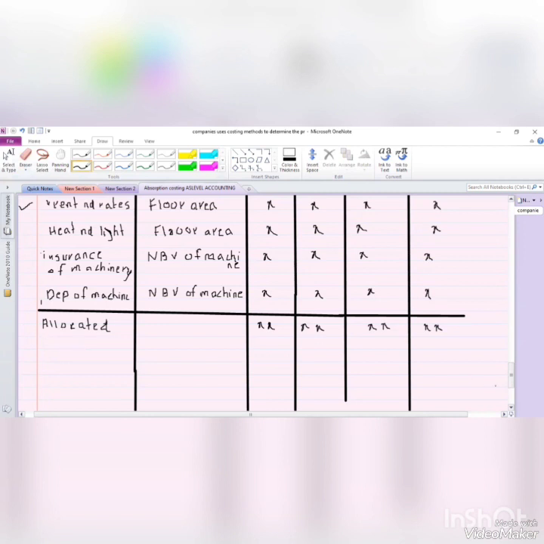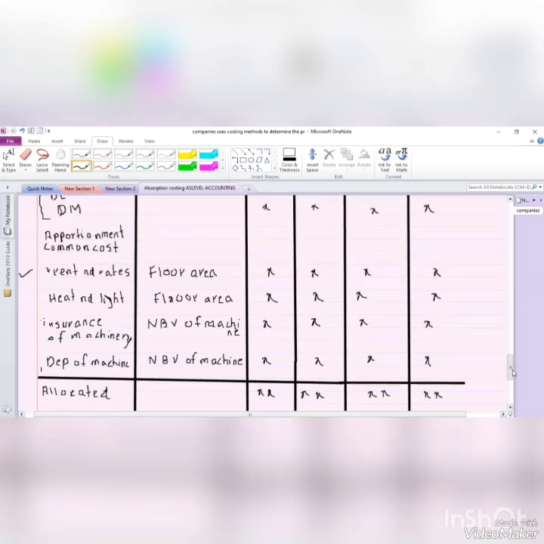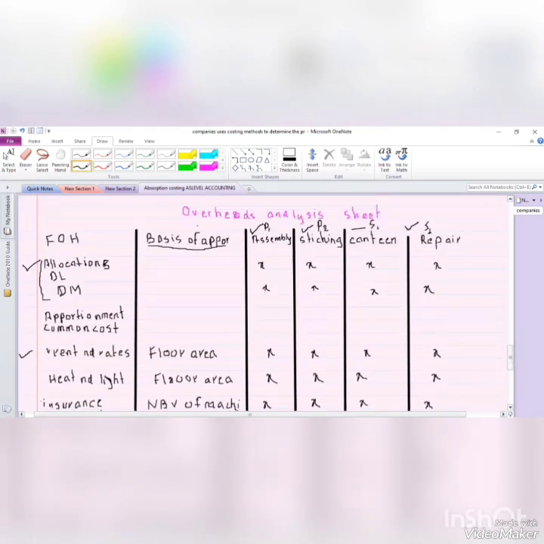Because we followed the allocation step here.